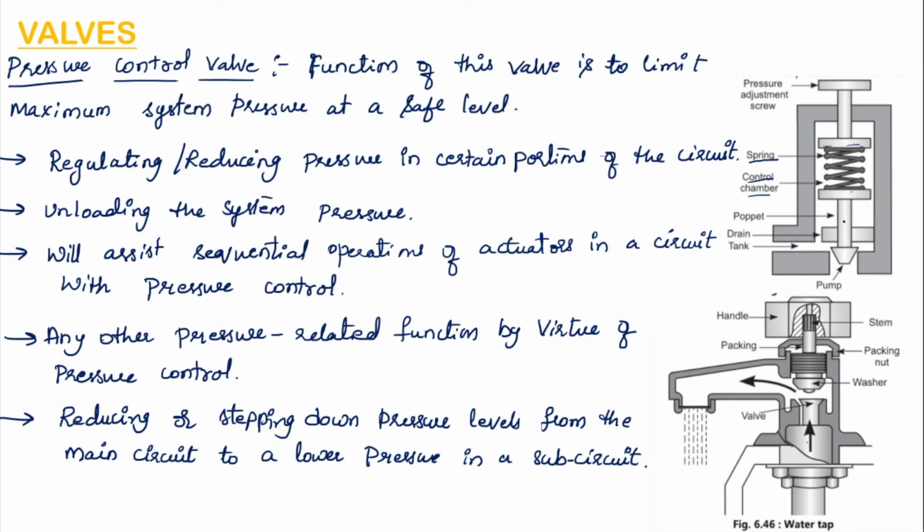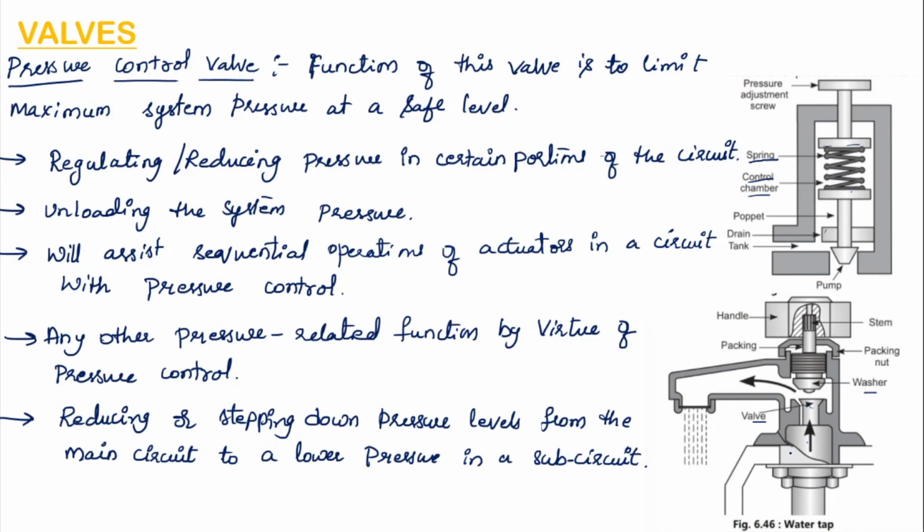There is a poppet, which is nothing but a rod, and there is a drain here. If this is the tank, you can see the example of a water tap. Here there is a valve and there is a washer present here.